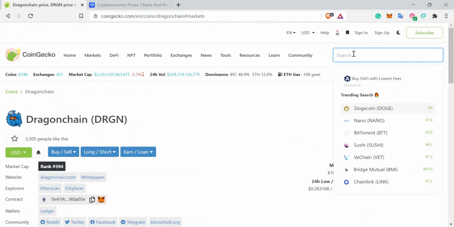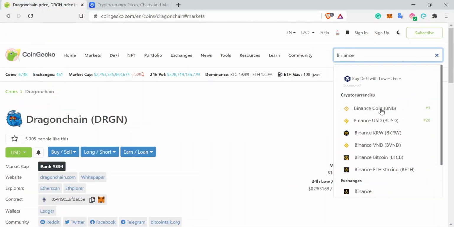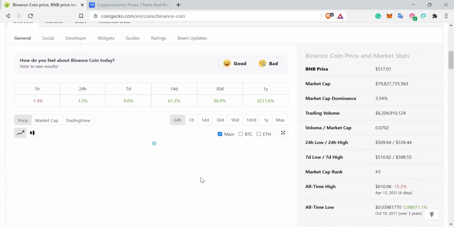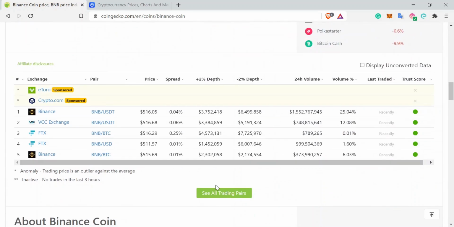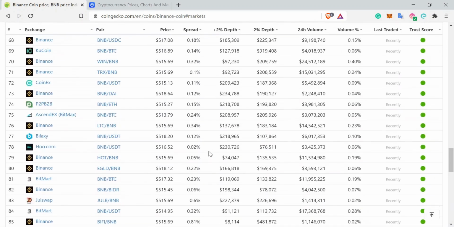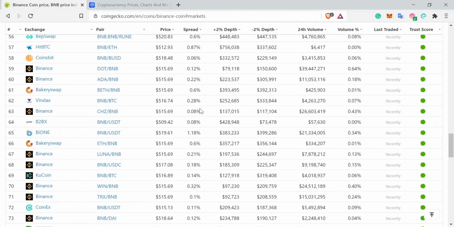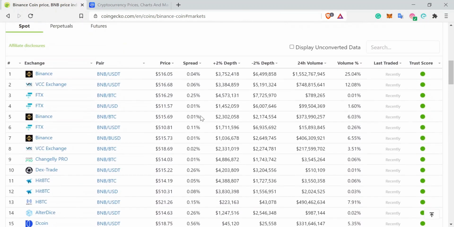So let's have a look now at another token, which is a lot more liquid, Binance Coin. And obviously you'd think that's going to be traded the most on Binance. Let's have a look. So here we are. Yes, there we go. BNB against USDT, so against Tether, a spread of 0.04.